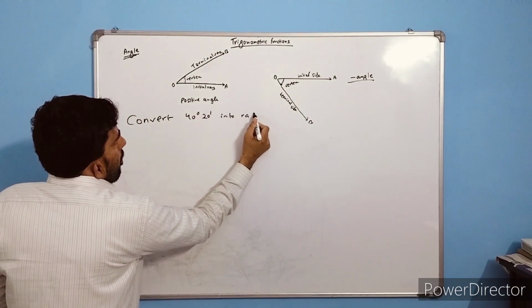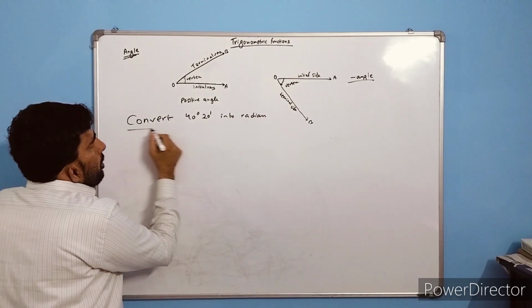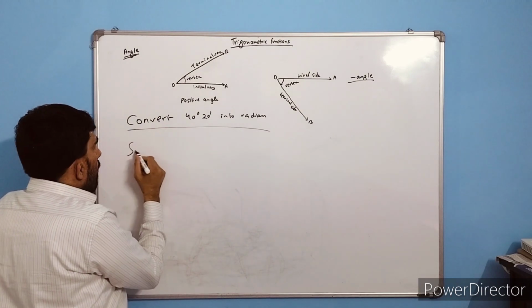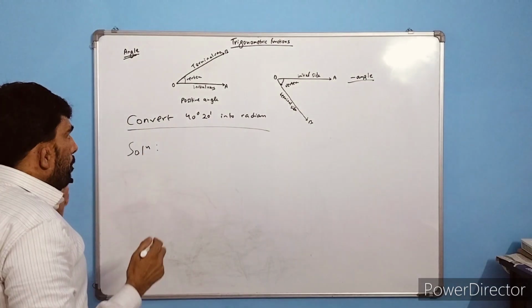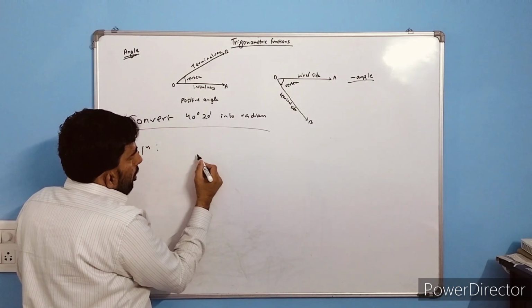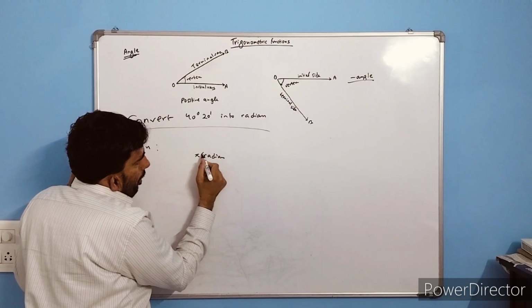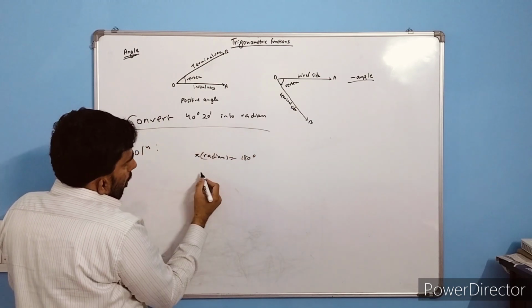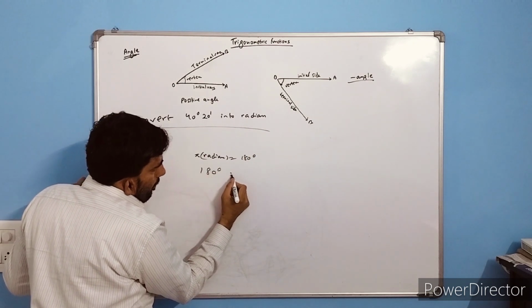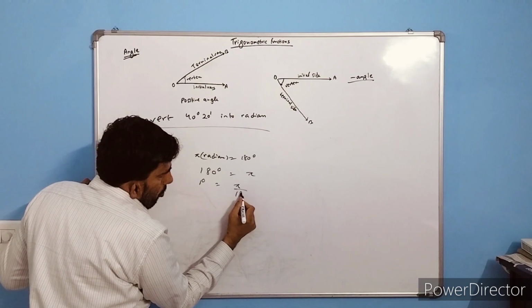We have just seen that pi radian is equal to 180 degrees. Now we need to convert it into radian, so 180 degrees is equal to pi, so 1 degree is equal to pi upon 180.